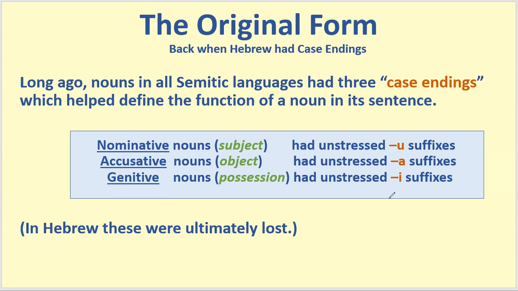Those case endings were vowels. U for the nominative case, A for the accusative, and I for the genitive. Now, Hebrew ultimately lost these case endings. Nevertheless, understanding how these case endings worked in Semitic languages before Hebrew lost them is necessary to understand what's going on in the case of these segolates.